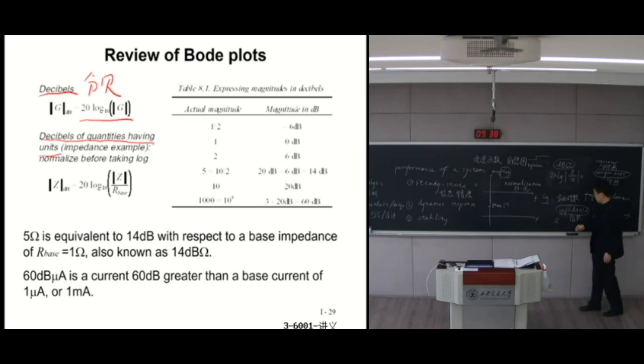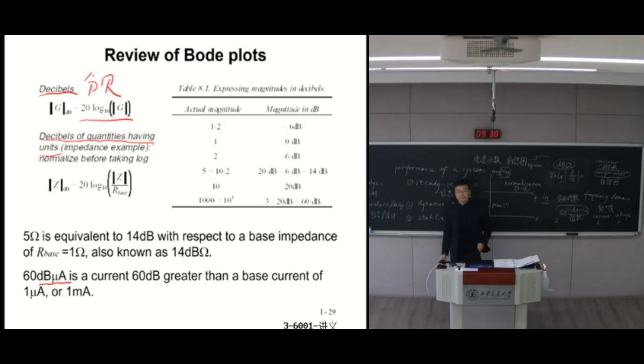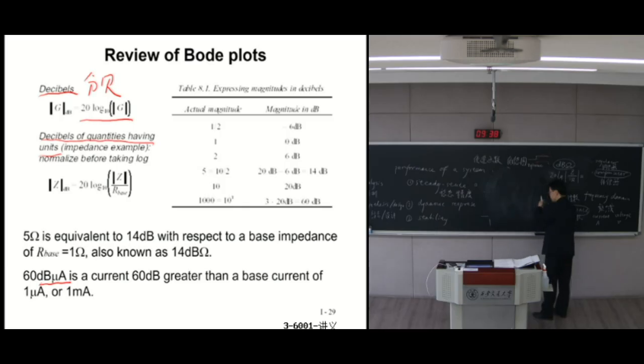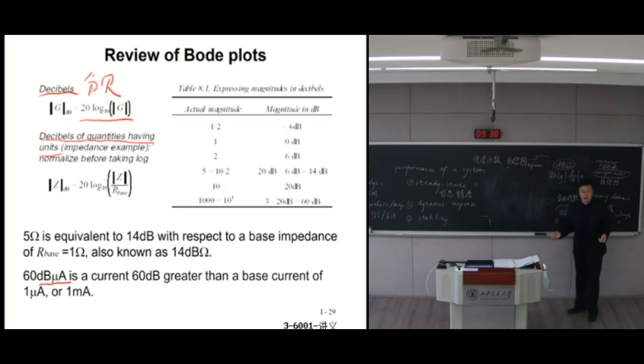Another example in the lecture notes is about dB microamp. If you are drawing a Bode plot in the scale of dB microamp, what does that mean? Again, this is a quantity in dB with unit.